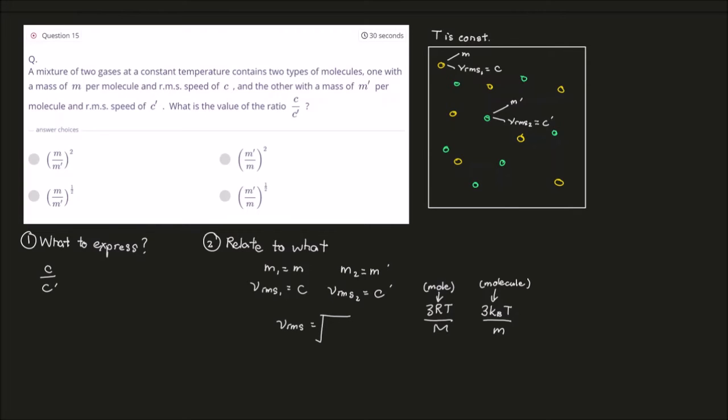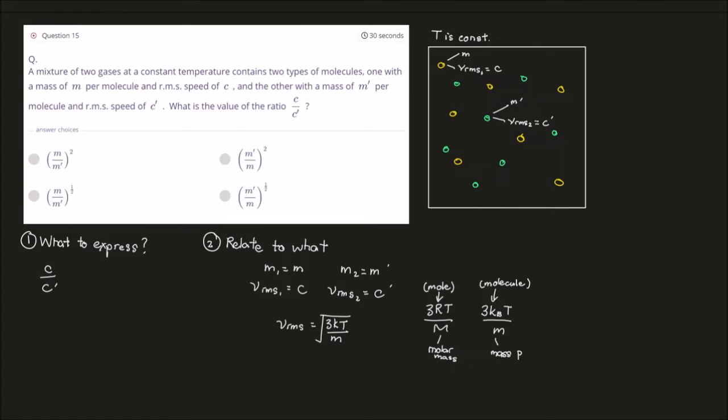But in the exam, write it as k. That would be better. We respect our syllabus. So that will be 3kT over small m. The big M is molar mass, and the small m is the mass per molecule.